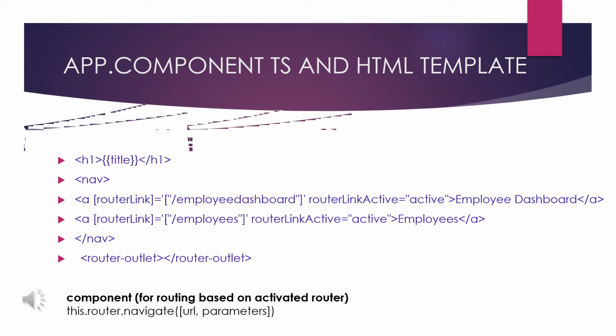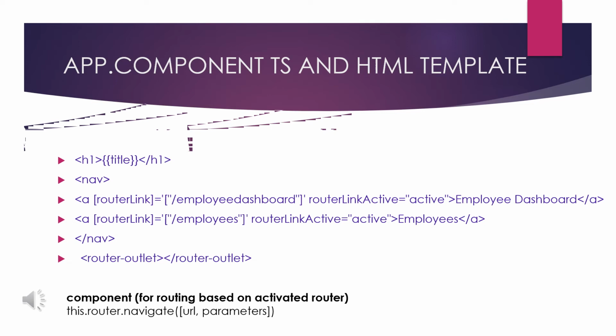For example, we have this h1 tag and we have a navigation tag. So two menus will be there, and once I click employee dashboard, the employee dashboard component will be loaded beside these menus. If I click employees, that component will be loaded below the employees tag.